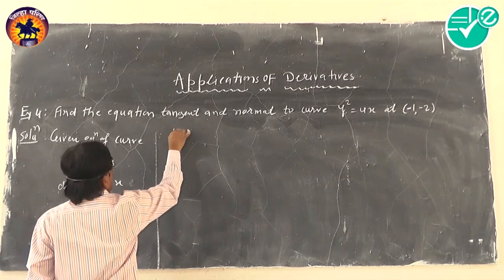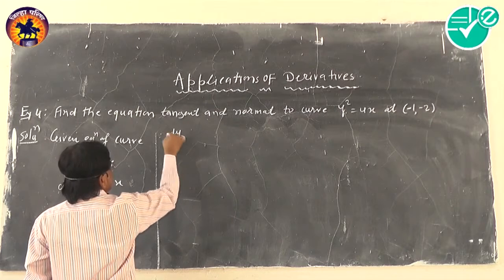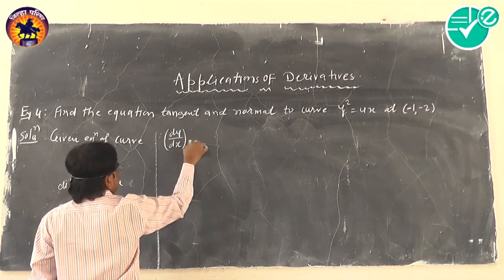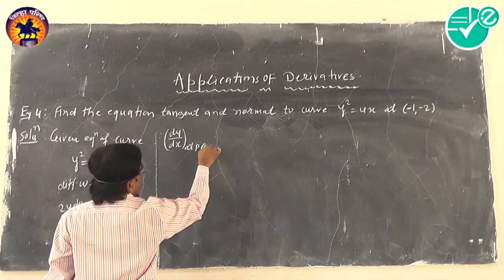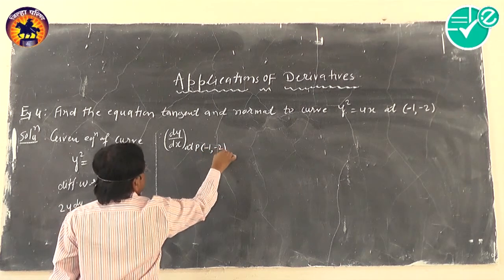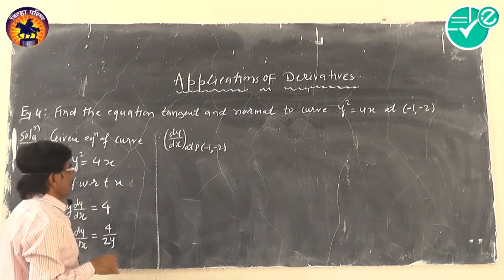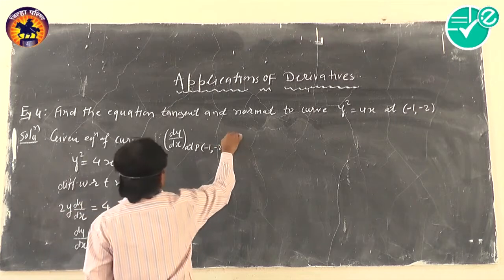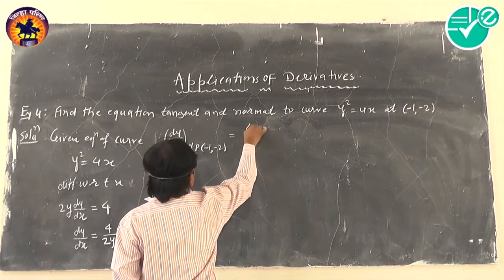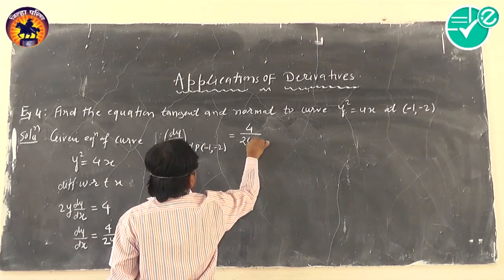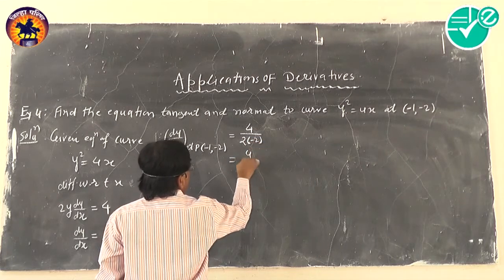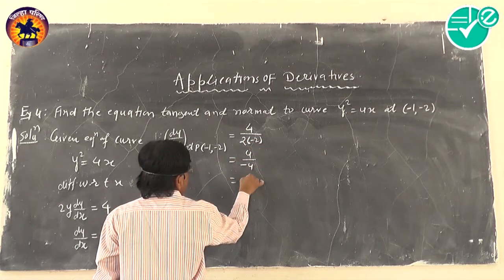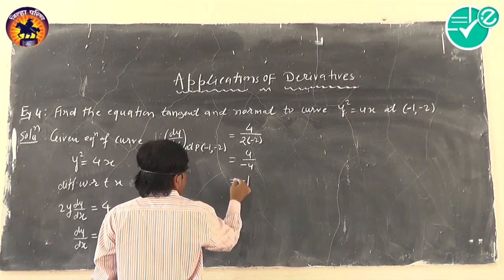Therefore dy by dx at P, suppose (minus 1, minus 2), is equal to 4 upon 2 into minus 2, that is 4 upon minus 4, which is equal to minus 1.